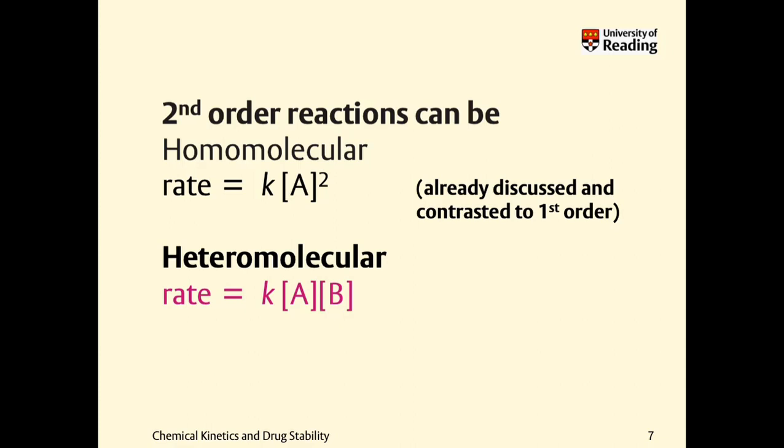And that, we wouldn't be able to simplify using an integrated method to give us the integrated rate equation that you saw before. So it's a little bit harder to consider that using the types of maths that we have already discussed. So what would you do?